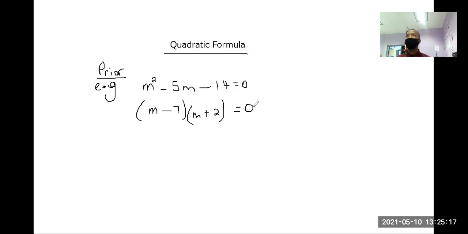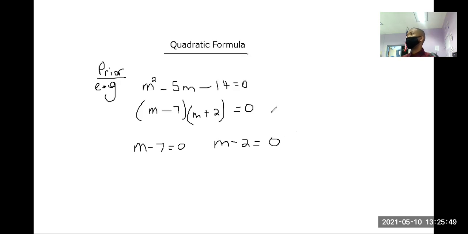And that's equal to 0, right? So then you take both portions. M minus 7 is equal to 0, and m minus 2 is equal to 0.